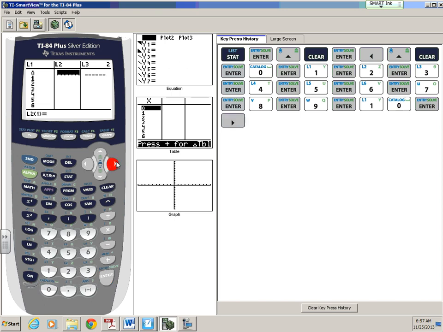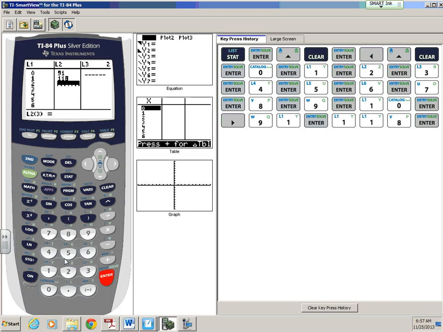If you make any mistakes with the data values, then you're going to get an incorrect answer. Also, if you have more data in an L1 or L2 than is in the other one, you're going to get an error message from the calculator.